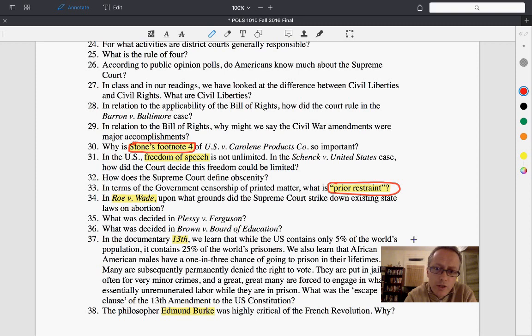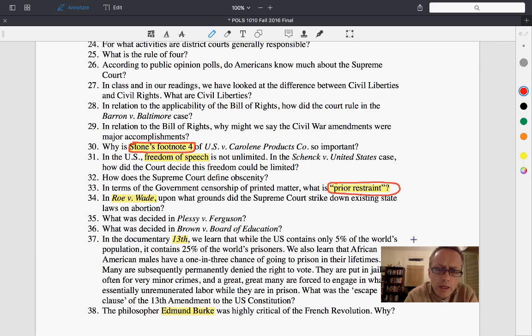But what's really interesting is that it can also censor printed matter before the fact, i.e., before it's gone to the press. The government can call up the New York Times, if it feels it has grounds to do so, and tell the New York Times not to run a story. It's controversial, but that's what prior restraint is.